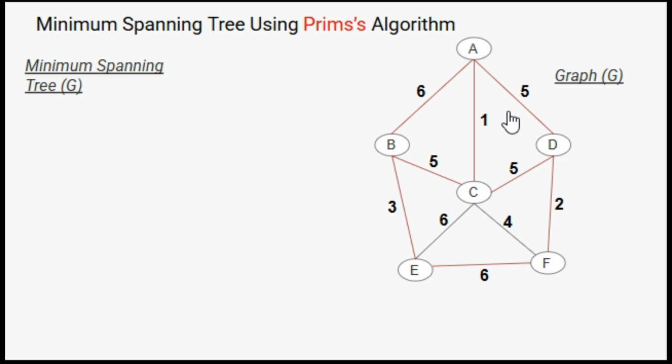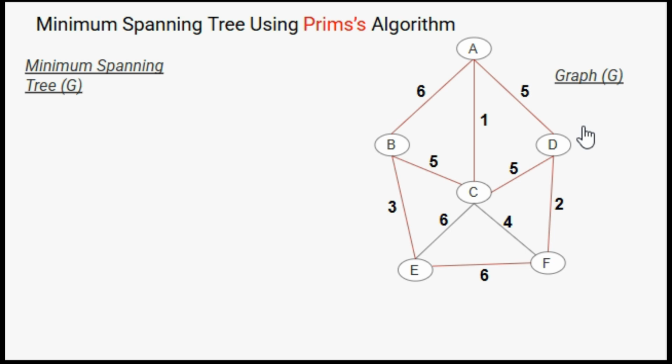Now we are just going to focus on the weights of the edges. A has edges connecting it to B, C and D. We are not really concerned with which vertex A is connected to. We are only concerned with making a choice between the edges, and we are going to choose the edge that costs us the minimum.